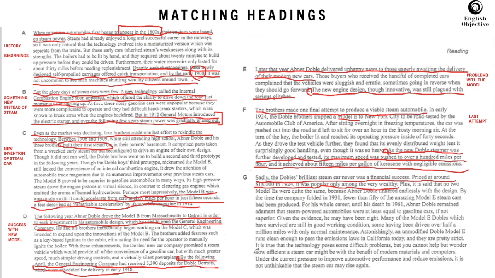Okay, let's have a look at the ending. Under the current pressure to improve automotive performance and reduce emissions, it is not unthinkable that the steam car may rise again.